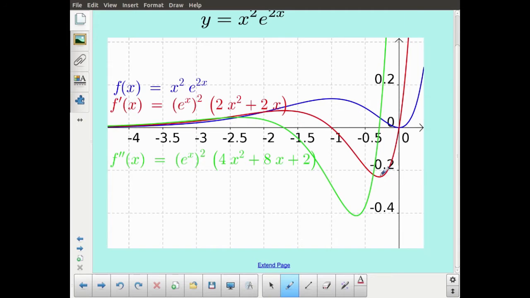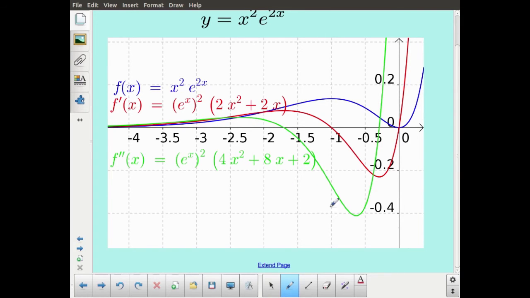So for example, the first derivative graph has a 0 here, which corresponds to our minimum. And the first derivative graph has a 0 here, which corresponds to our maximum. The second derivative graph has a 0 here, which corresponds to the point of inflection. And the second derivative graph has a 0 here, which corresponds to the other point of inflection.